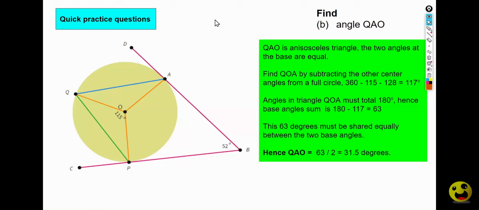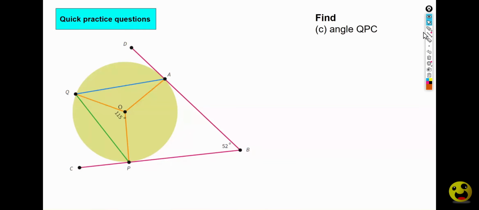Part C. Right now, I'm going to have to update my diagram. All the missing stuff, I want to put it in because it could help us for part C. So this is what we know so far, right? We know this angle here is how much? 128. We know here is how much? 117.